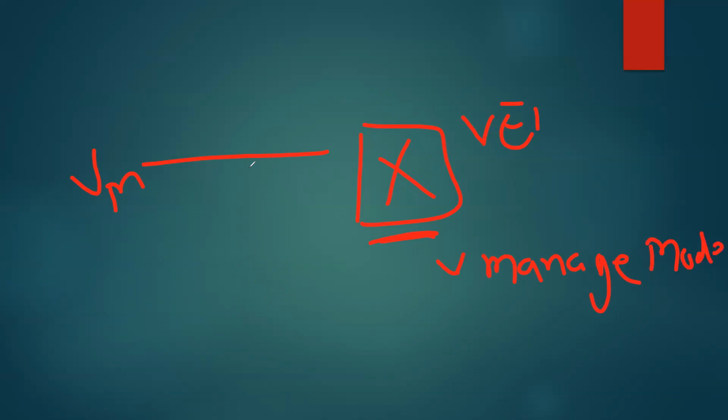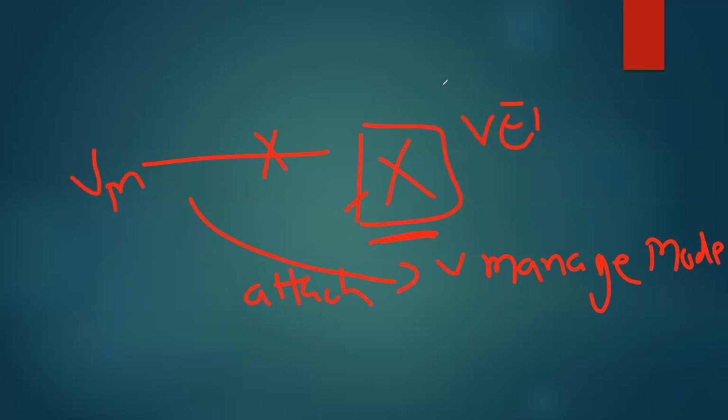Now, if you break this relationship, meaning you detach the template from vManage, you can attach and detach. If you attach, then it will be in vManage mode. If you detach the template, that means it is in its own mode. Then you can do the configuration changes and all.